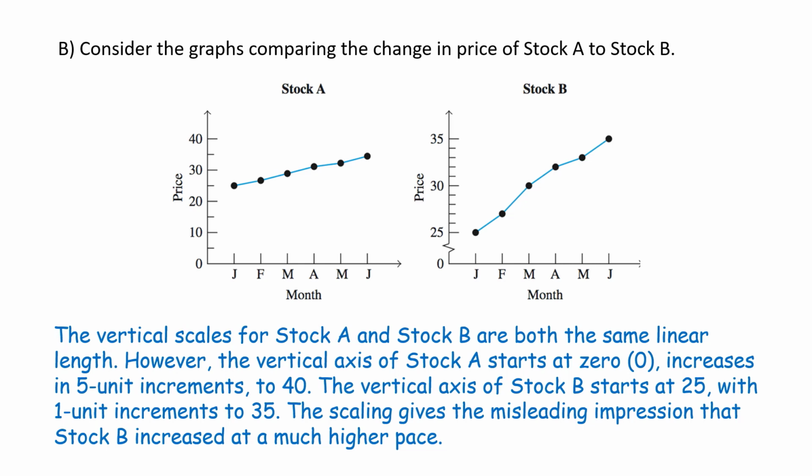However, the vertical axis of stock A starts at 0 and increases in 5-unit increments to 40. The vertical axis of stock B starts at 25 with 1-unit increments to 35. The scaling of stock B gives the misleading impression that stock B increased at a much more rapid pace.